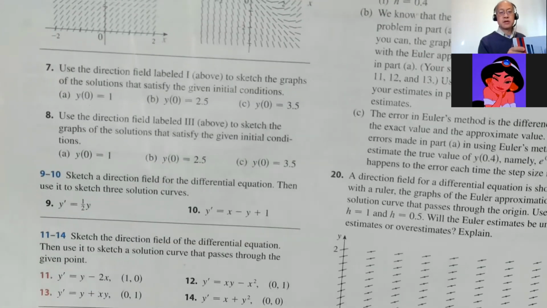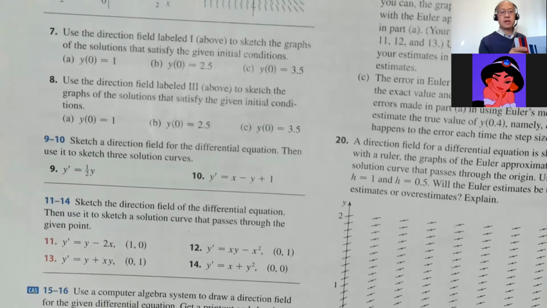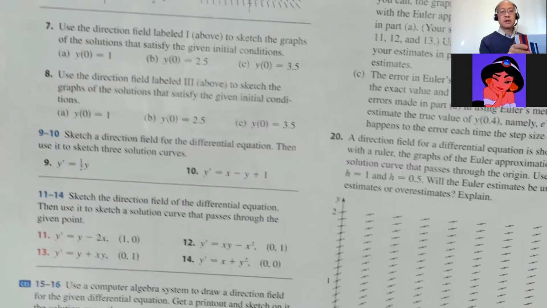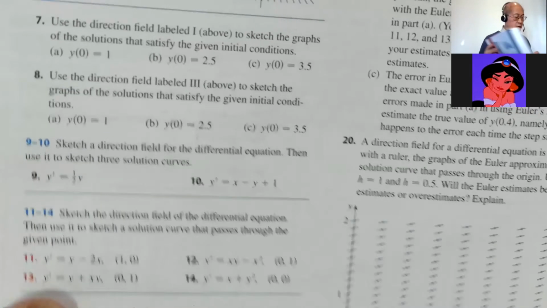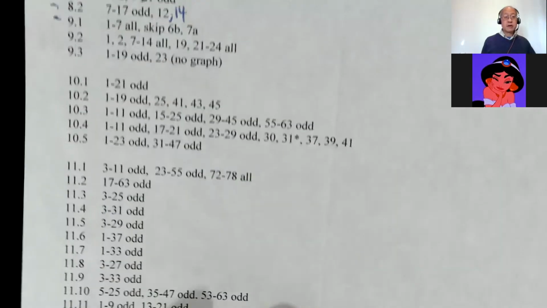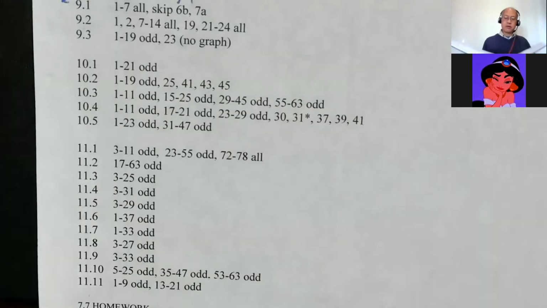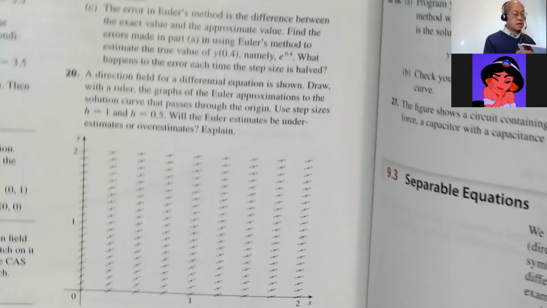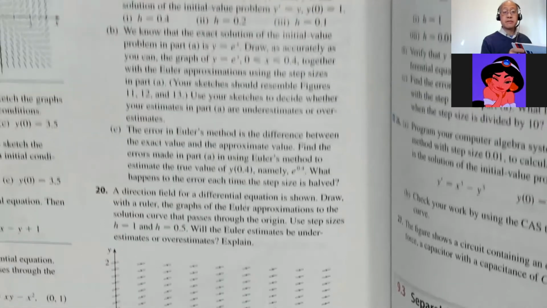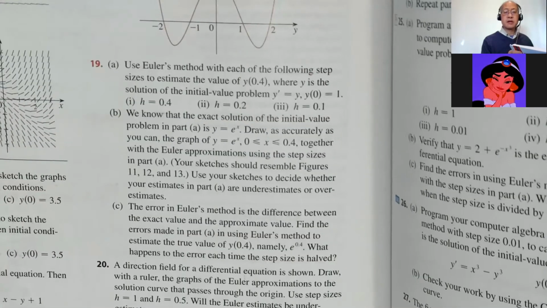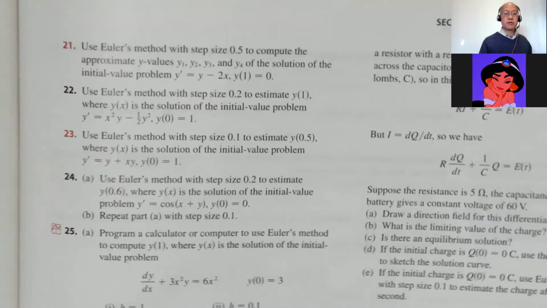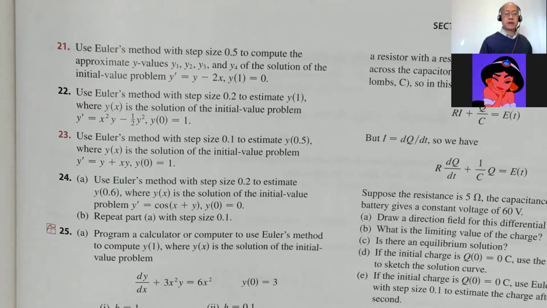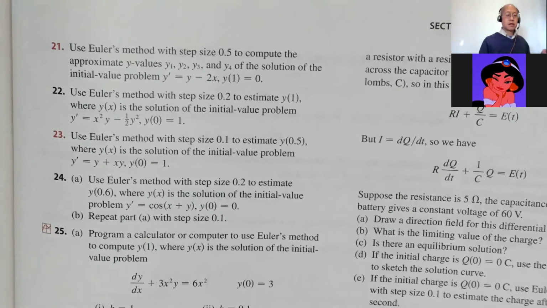Let's see, we didn't have to do those. So 7 through 14, I think we had to do. Maybe making your own of these. And then let's see, what else do we have to do? 19 and 21 to 24. Okay, 19. Here's 19. And 21 to 24. Those involve Euler's method.